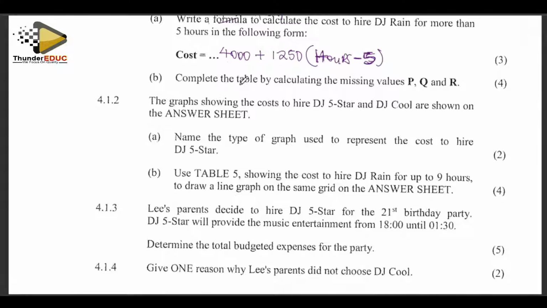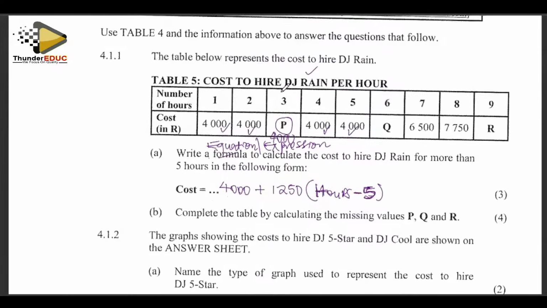Complete the table by calculating the missing values of P, Q, and R. So now, as I told you, P you can't calculate. So the value of P there is 4,000. Then we go to Q. The hours have gone to 6 hours. Now, how much have they exceeded? They have exceeded by 1.